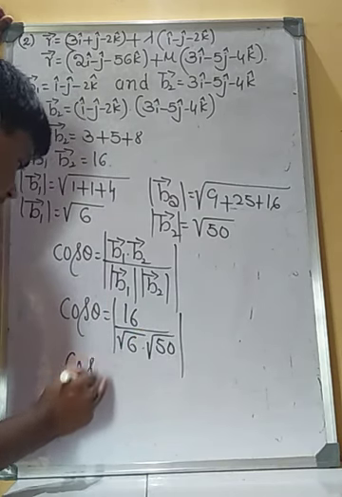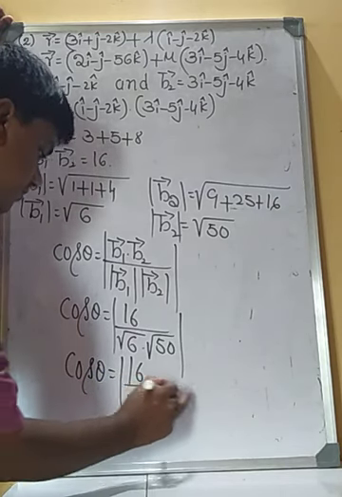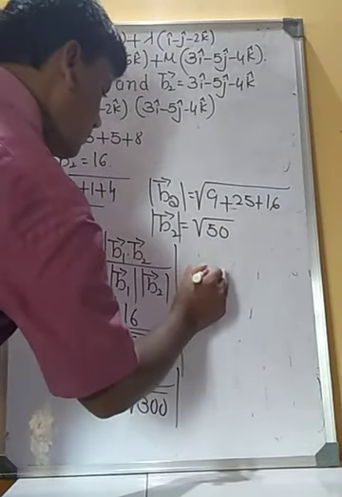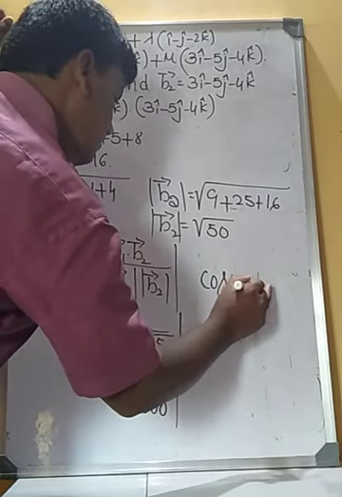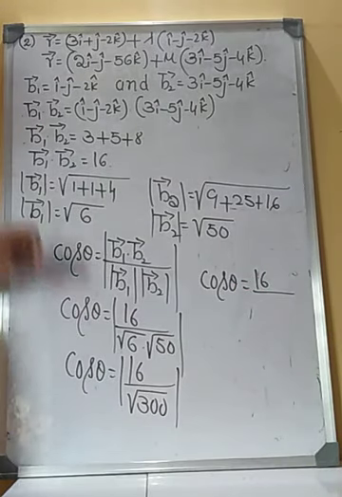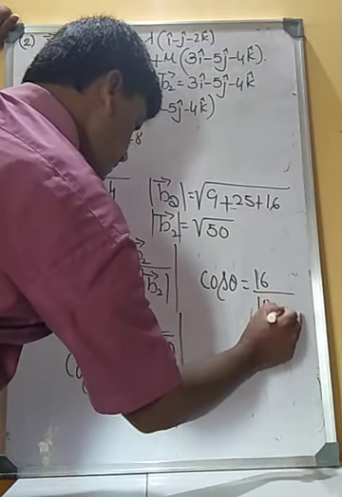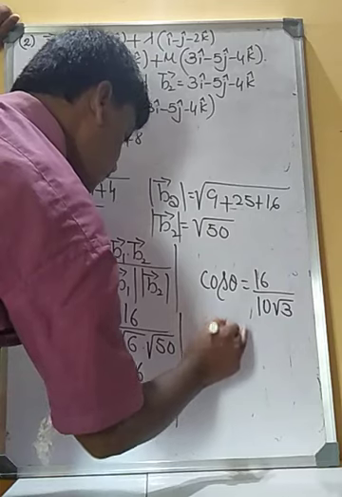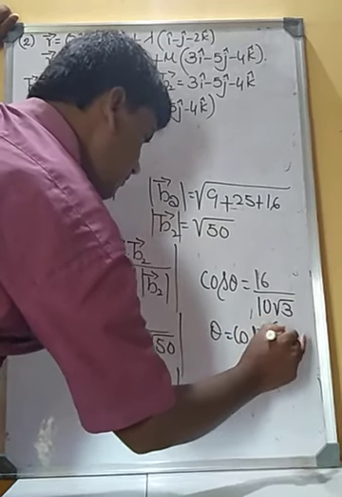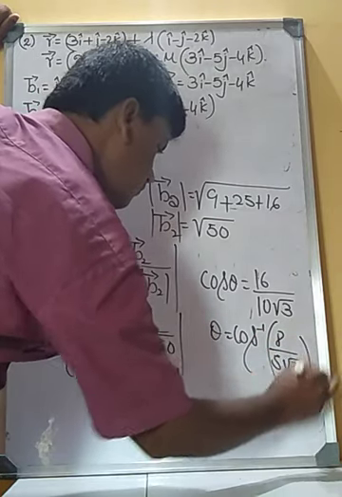Therefore, cos theta is equal to 16 by square root of 300, which can be written as 16 by 10 root 3. Therefore, theta is equal to cos inverse of 8 by 5 root 3.